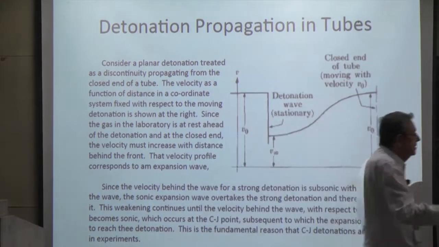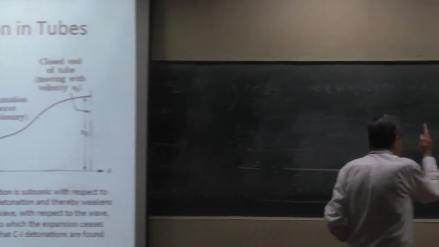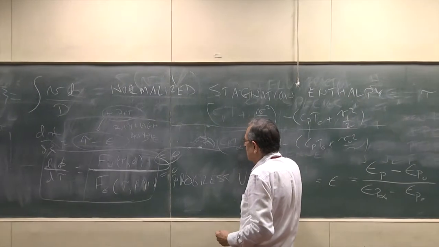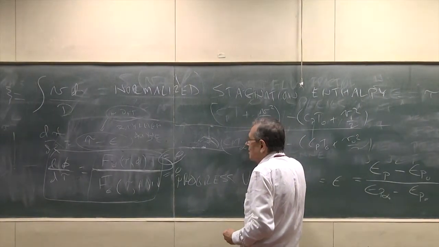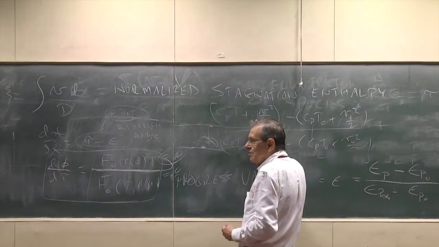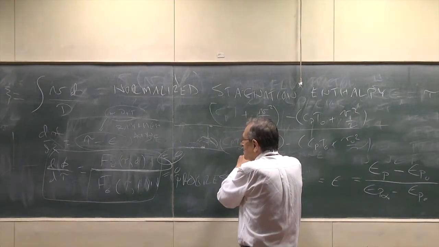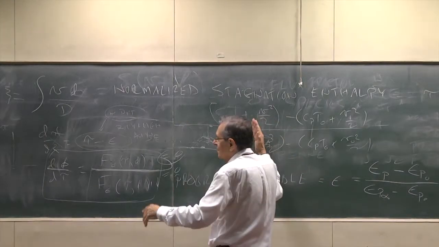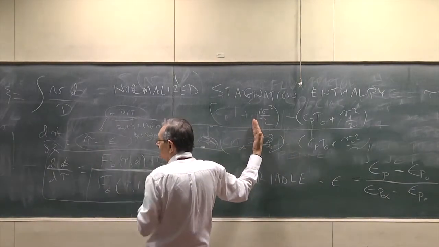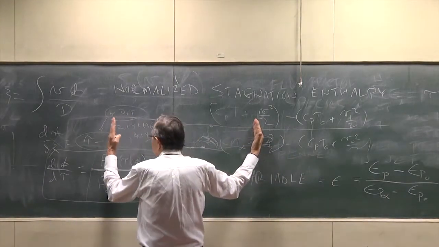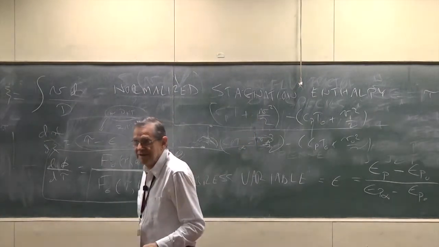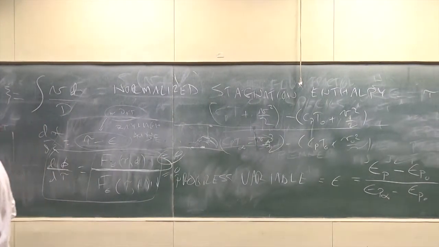In this experiment, in the coordinate system we're moving with the detonation, the laboratory is moving past me at detonation velocity, and that means in my coordinate system, the end of the tube is moving past me at detonation velocity.